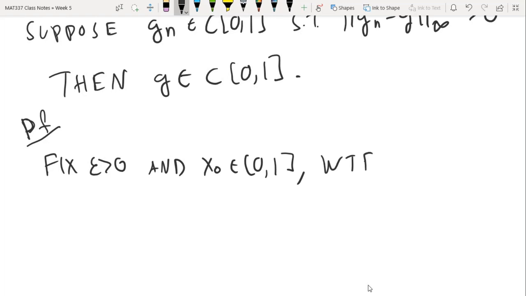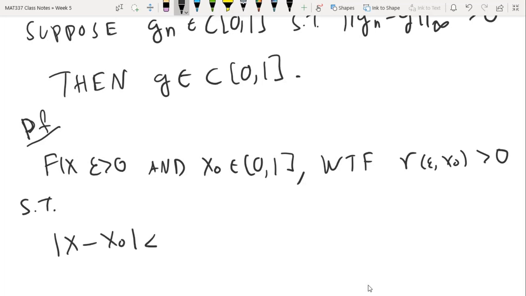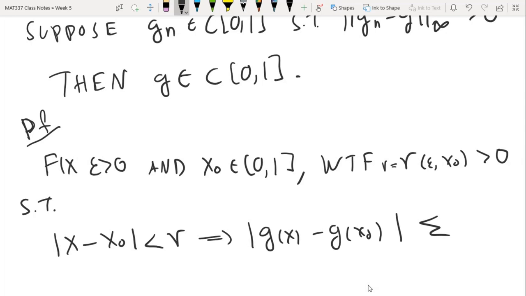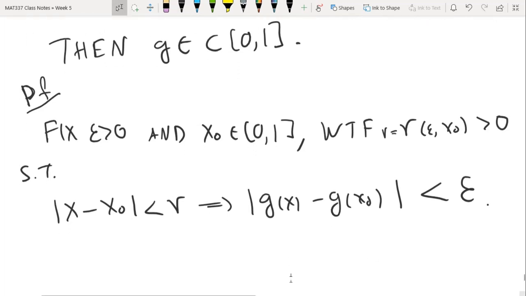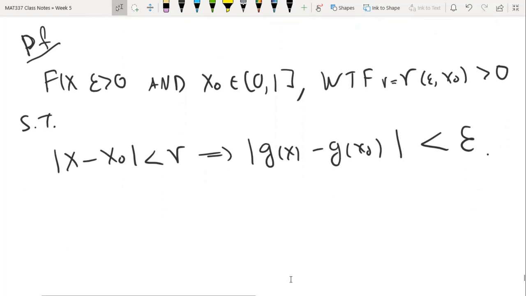I want to find R, depending on epsilon and x naught, such that if you have |x minus x naught| less than R, then |g(x) minus g(x naught)| is less than epsilon. Okay, questions? So this will be an epsilon over 3 argument.